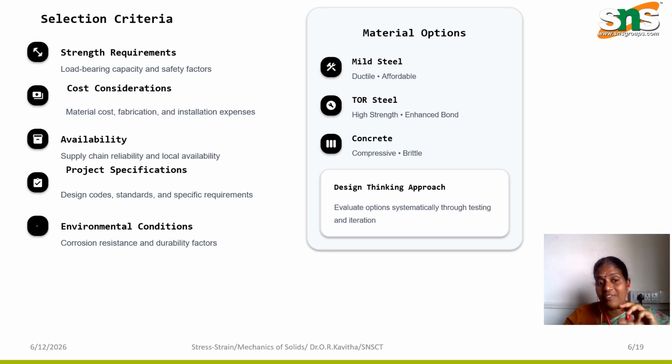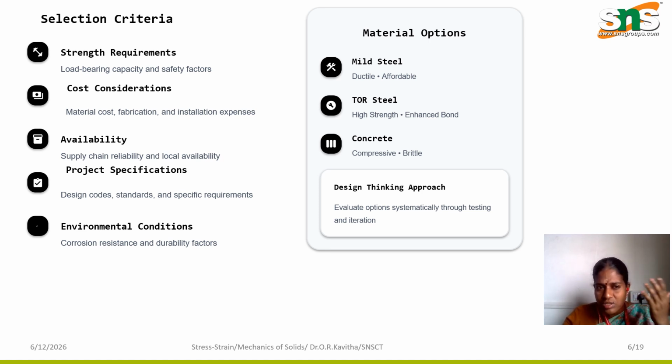The next is the availability of the material, which includes supply chain reliability and local availability. Next is the project specifications: whenever we do any design, we have to design the structures according to the design codes and standards. The last one is the environmental conditions. Then only will the lifetime, that is the durability of the structures, be maintained properly.